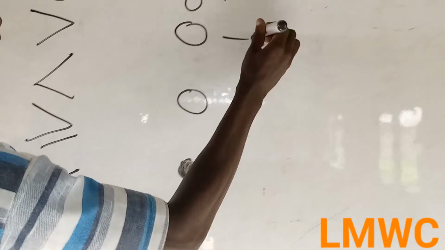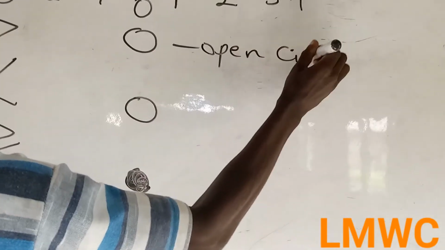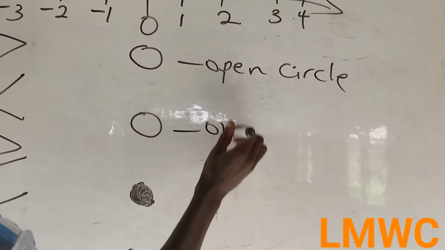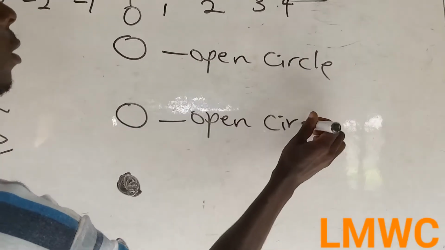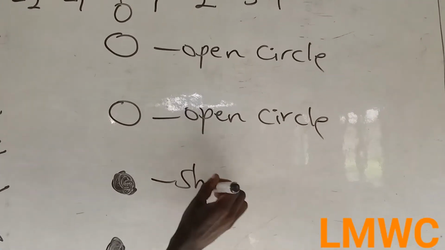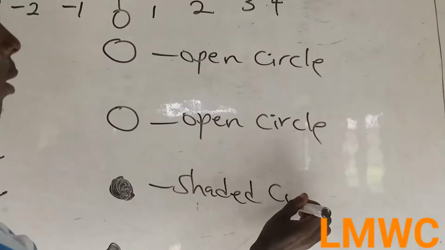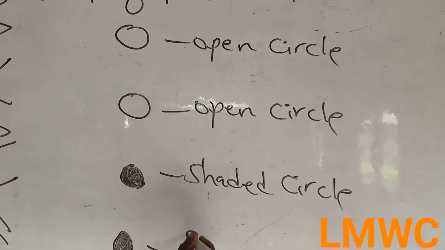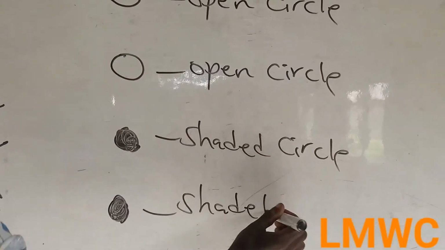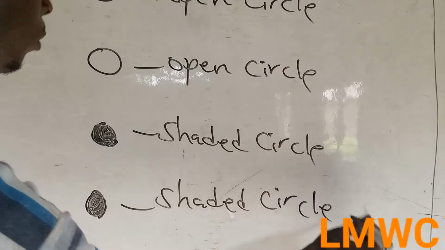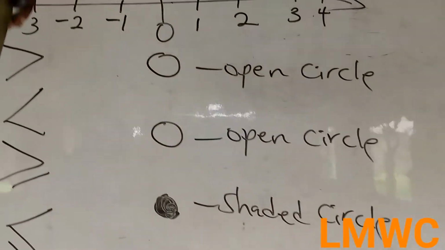So this is an open circle, and this is a shaded circle.